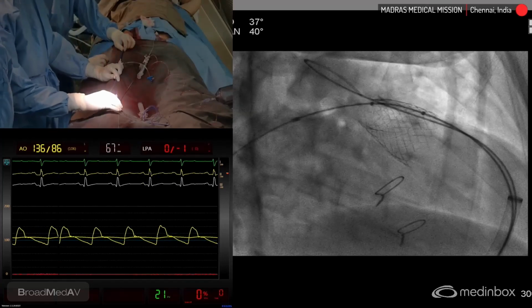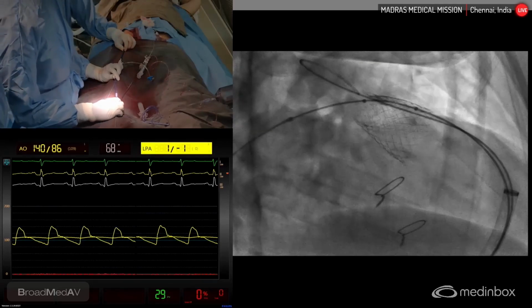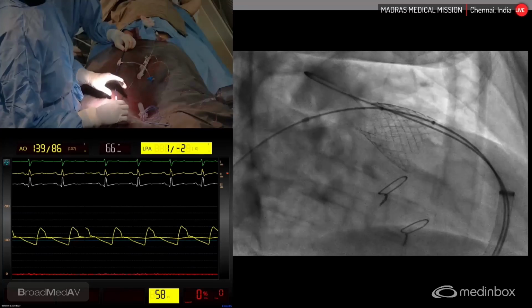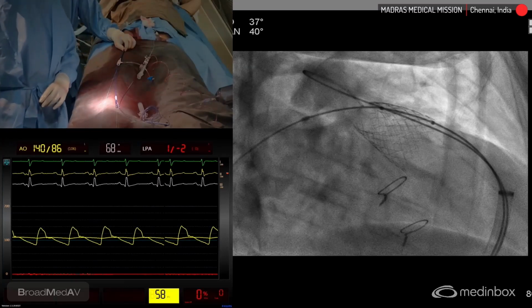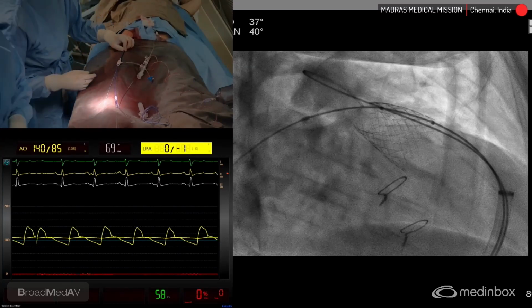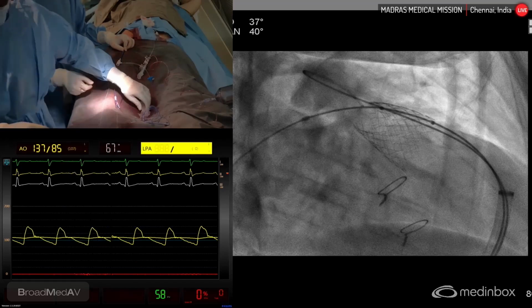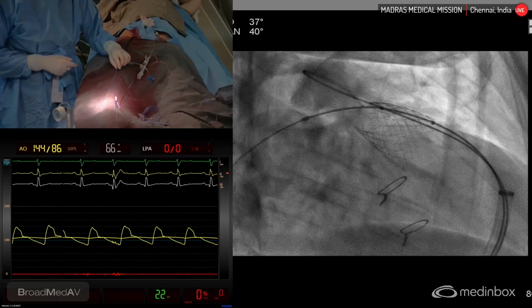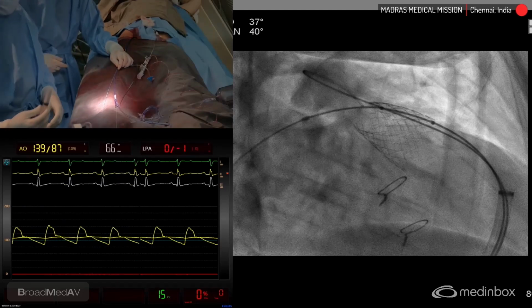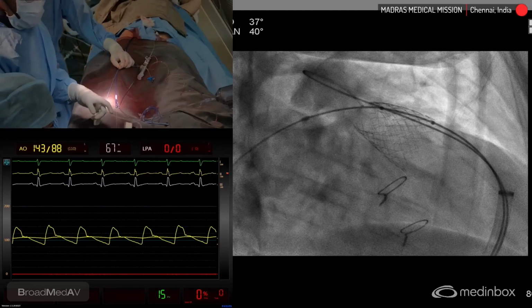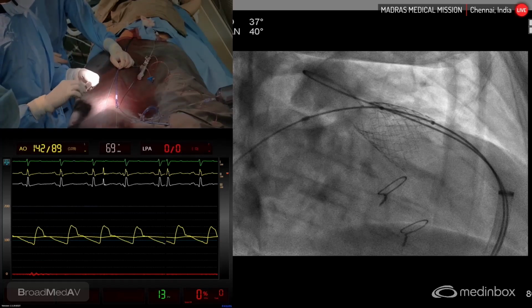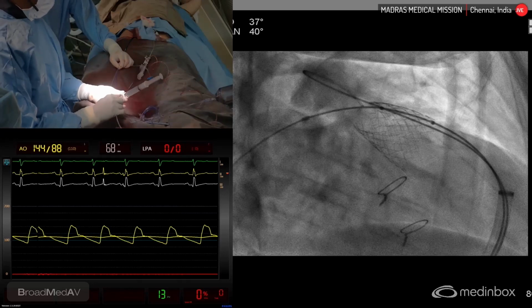So we are at the level of the stent. Now I need a 20 ml syringe with diluted contrast. A three-way should be there. Cut it in clip.